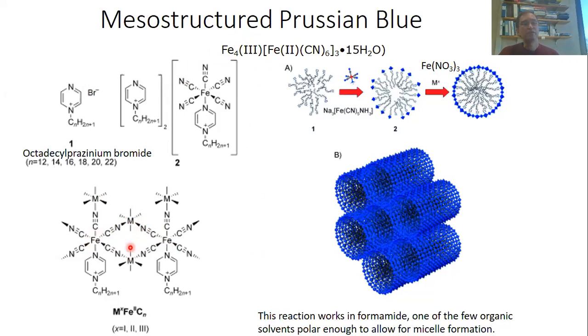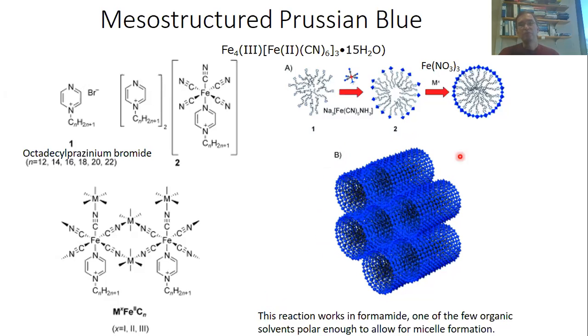And the Prussian blue will actually form around the micellar template. This way you have prepared a mesostructured Prussian blue.